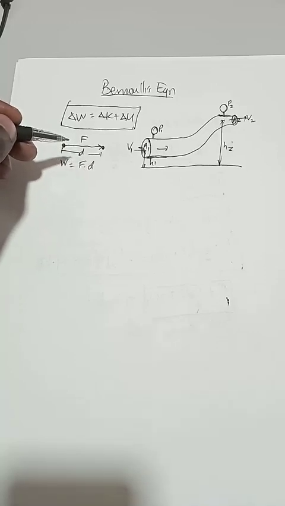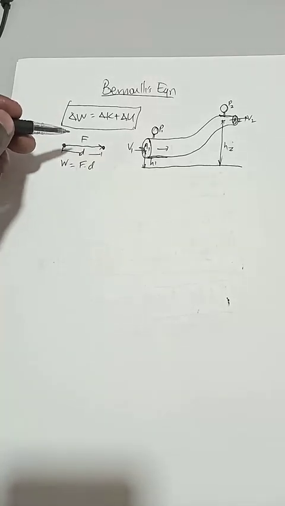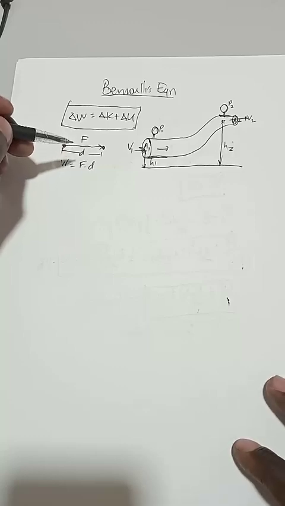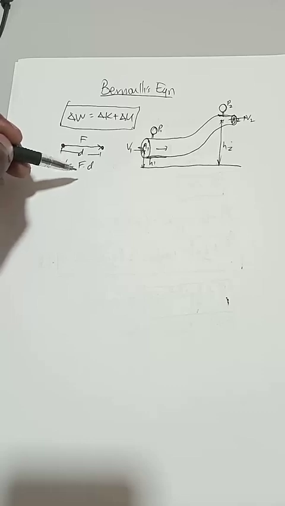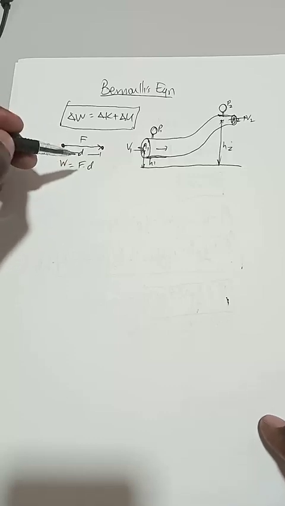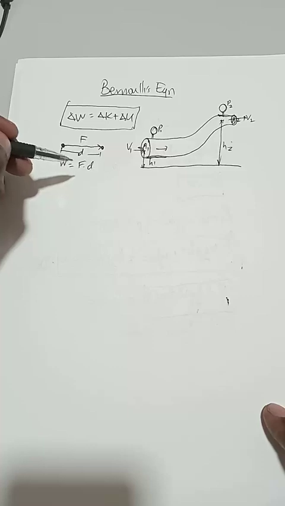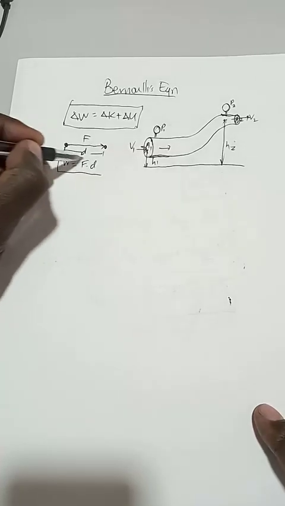If a force moves a body from one point to another, that force is doing work. Remember, this is linear. If there were an angle, you would put force times distance times cos theta, but this one is linear, so we are considering linear motion.